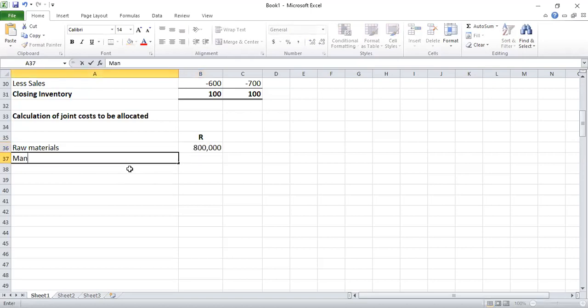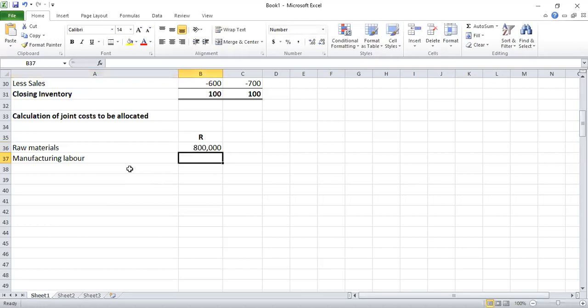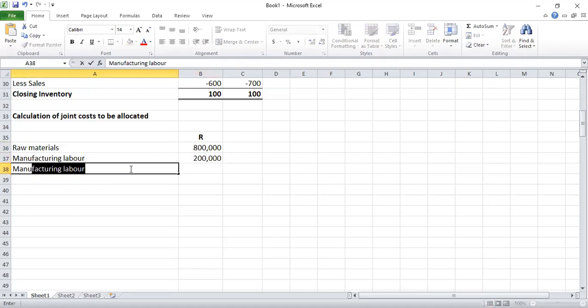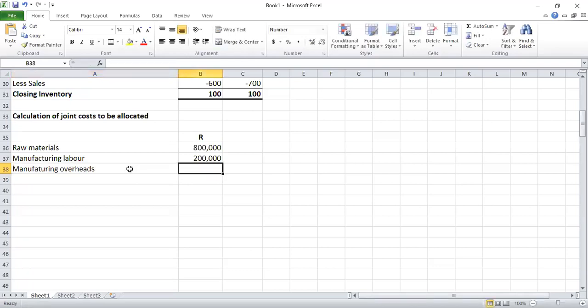Manufacturing labor, which is 200,000. Manufacturing overheads, which is 300,000. Right, then we get our total costs.